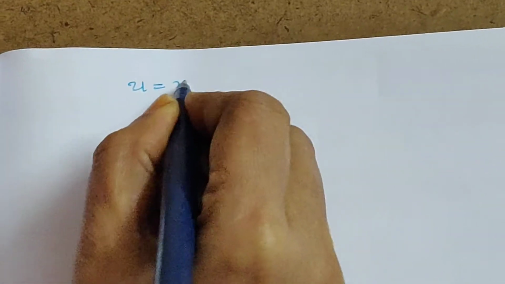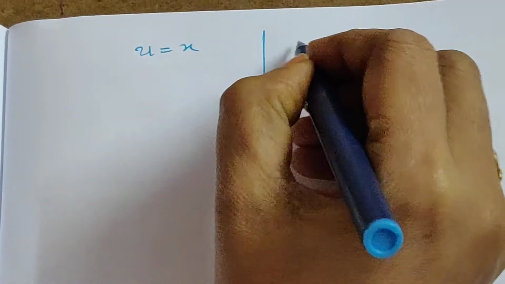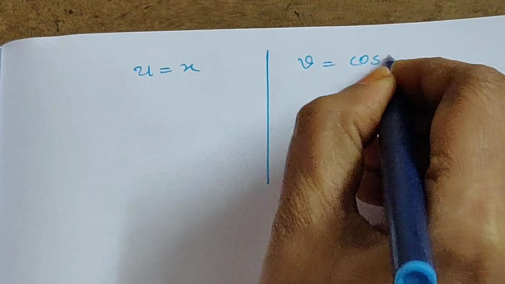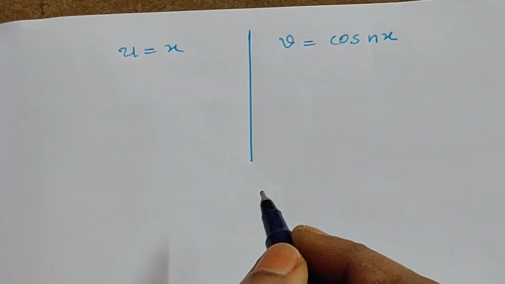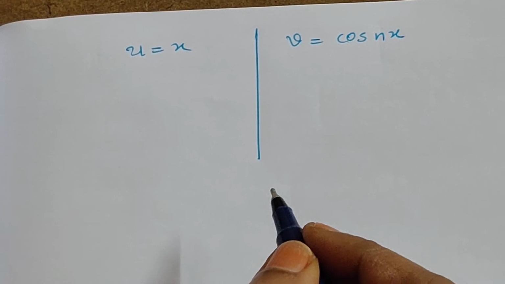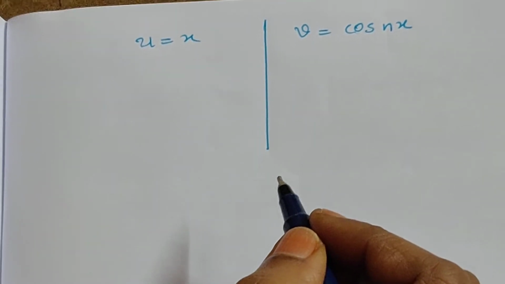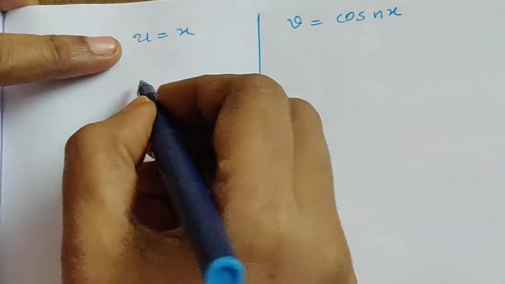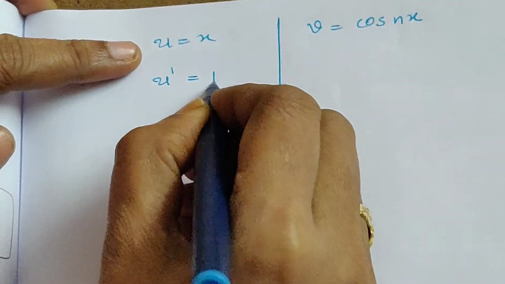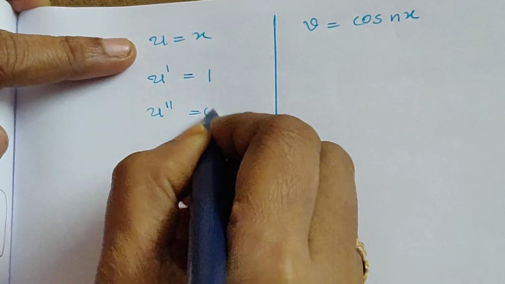u = x, v = cos nx. In the generalized rule of integration by parts, ∫ uv dx = uv1 − u'v2 + u''v3 − u'''v4 + and so on, with alternating signs. We require derivatives of u, so u' = 1 and u'' = 0.